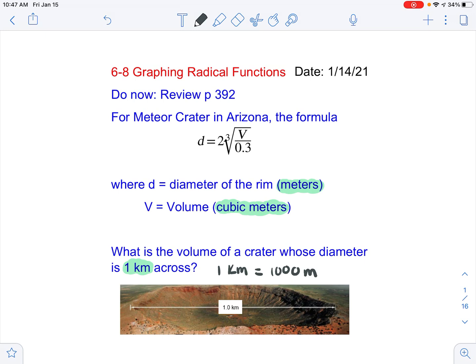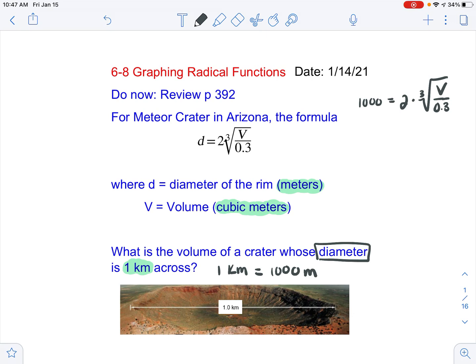Okay, so now which variable does this represent? Well, it looks like it's going to represent D, which is our diameter. So I plug in the 1,000 into the equation, and it looks like I have to solve for V, which is kind of trapped under that cube root.